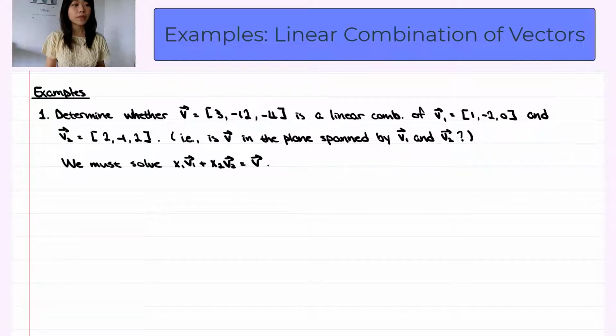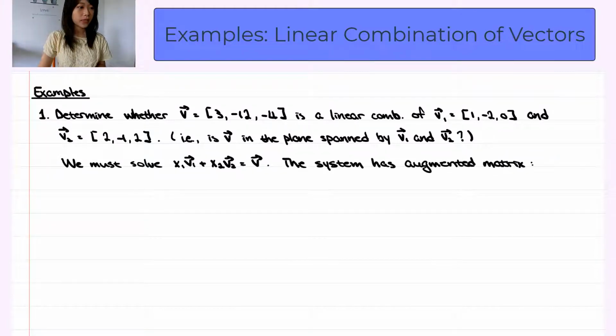In other words, we must solve the following equation: x1 times b1 plus x2 times b2 equals b, where x1 and x2 are the coefficients in front of the vectors. So we can rewrite the system in augmented matrix form. The first column is b1: 1, negative 2, and 0.